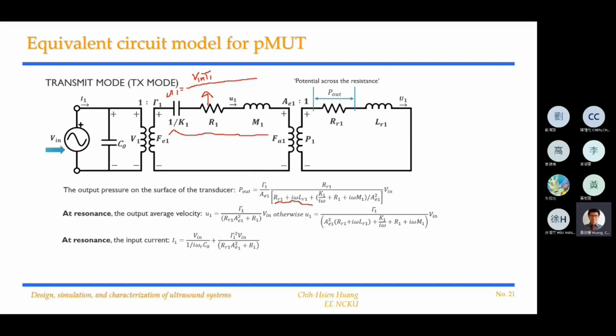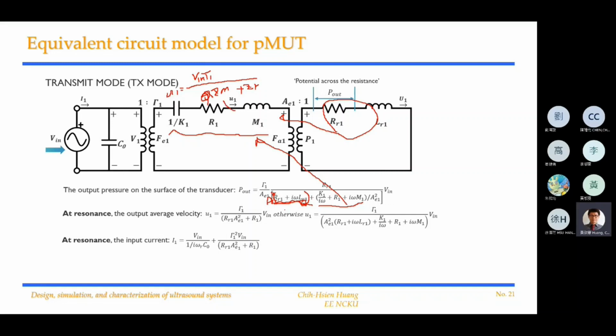And we want to move this part here, so we divide by this, which will be multiplied by the square of AE inside here, and then we move it out later. Typically it's the impedance from the mechanical side plus the impedance from the acoustic side.